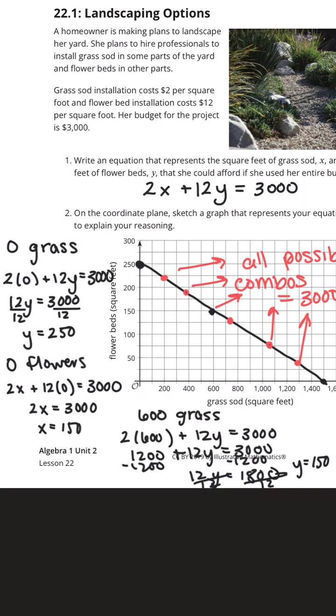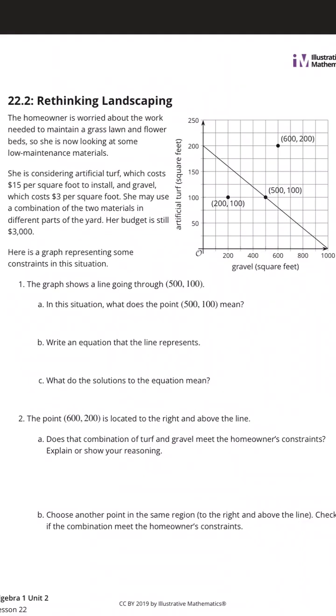In the next problem, we're landscaping. But now she's kind of changed her mind. She thinks that it's too much work to have grass and flower beds. So she is considering getting artificial turf, which is $15 per square foot, and gravel, which is $3 per square foot.